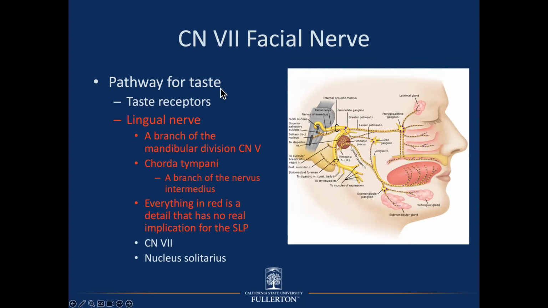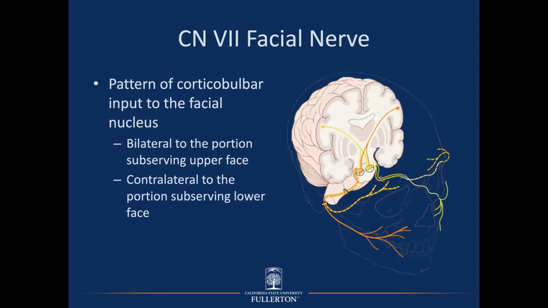It's a pathway for taste. What taste where? Anterior 2/3 of the tongue. 7th cranial nerve carries them most of the way, not the whole way, back to the nucleus solitarius. That's as simple as I can make it. So we're not going to go into these details. You will never see this on one of my quizzes. I'll guarantee you that. Okay.